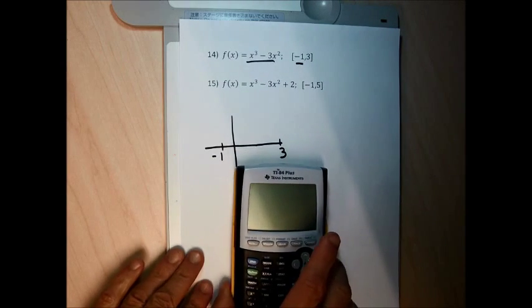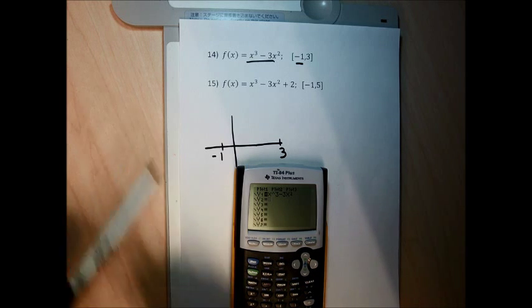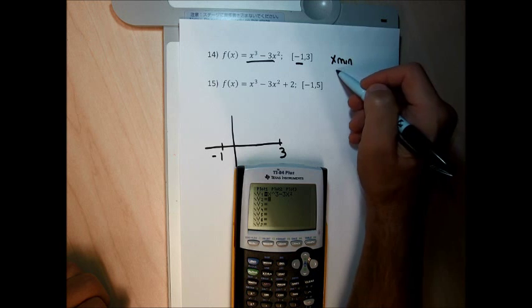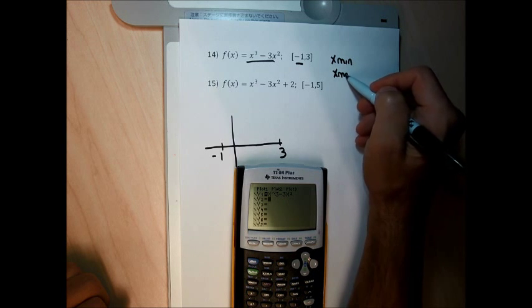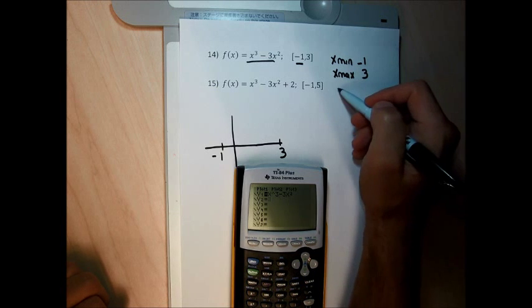So I turn my calculator on, y equals, clear the function that's in there, enter now x up arrow 3 minus 3x squared, set my window. I know for certain I have to match up with the requirements of this problem. My x min and my x max have to be negative 1 and positive 3.